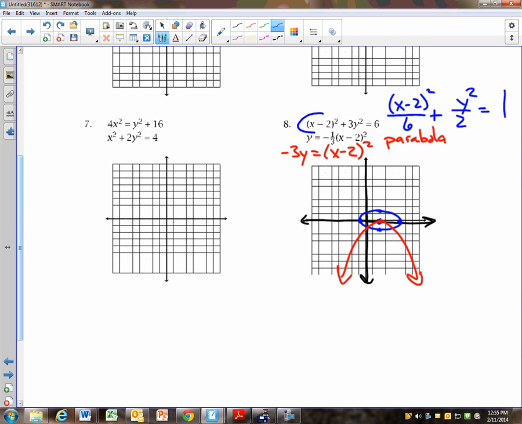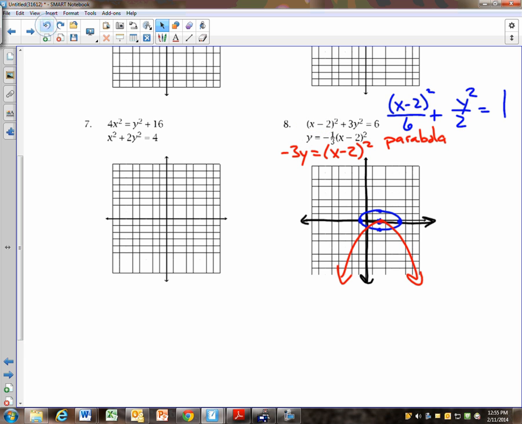So instead of this x minus 2 squared up there, what can I put in its place? I can put the -3y. Yeah? Any problem with that? Nope. All right. Emily? Question? Taylor? Okay, that's all right. We'll do it again.